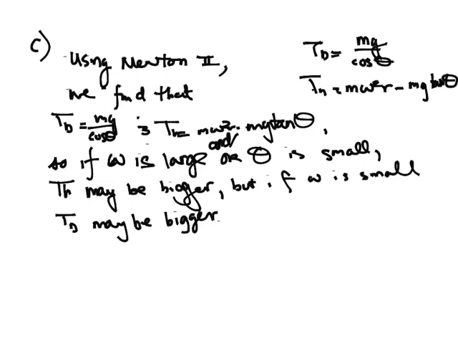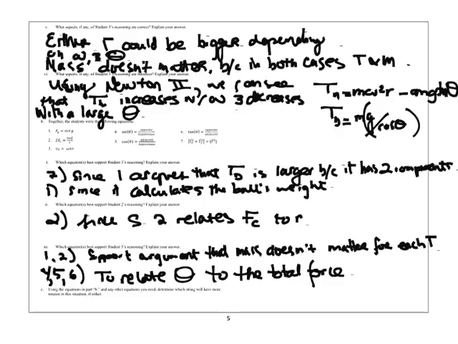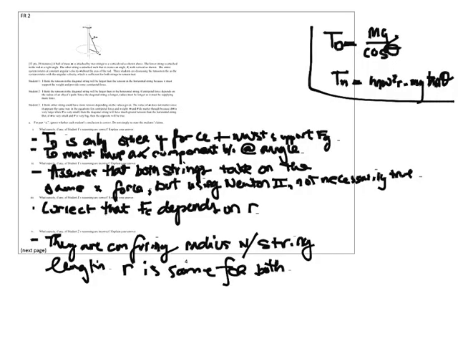Okay, so now to scoring these. Each of the what they said right is 1 point. So for part A, part 1, you have to get both that TD is the only y force and there must be an x component.